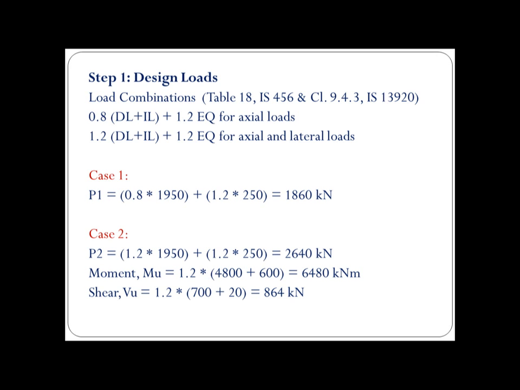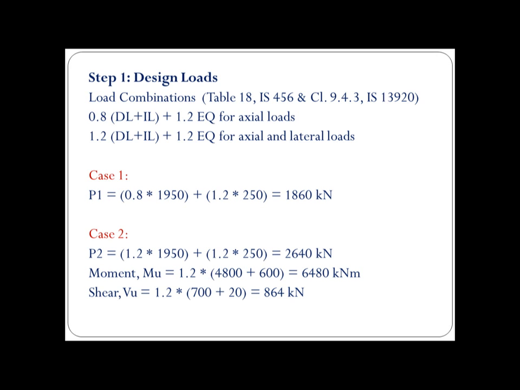Now the 0.9 times dead load, we reduce it to 0.8. That comes from IS 13920 clause 9.4, where when gravity loads are used for resisting the lateral forces, we can reduce the factor from 0.9 to 0.8. So these are the final forces from the load combinations.